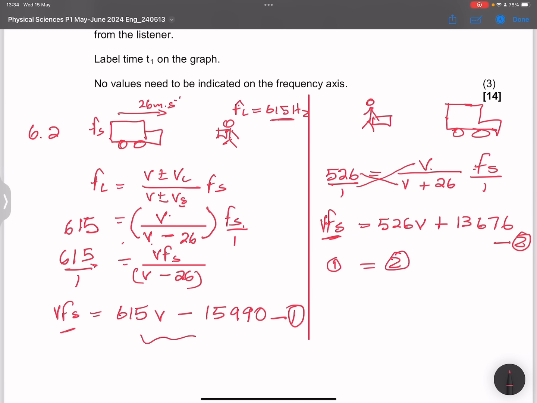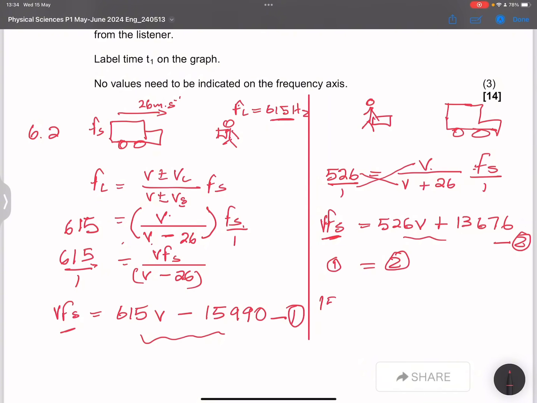So I'm going to equate the right-hand sides. Or you can say equation 1 minus equation 2, and nothing wrong with that.